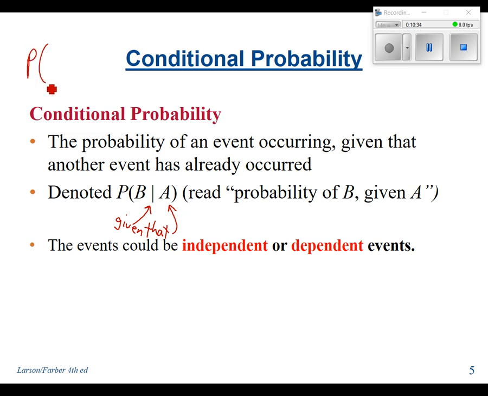I'm not sure why it looks so straight up and down. Probability of B given that A has already occurred. Again, where this gets tough, those two events could be independent of each other. They could be dependent on each other.